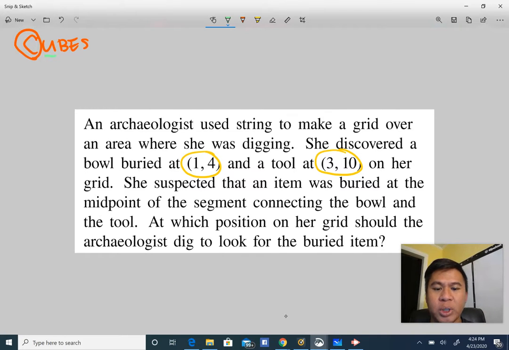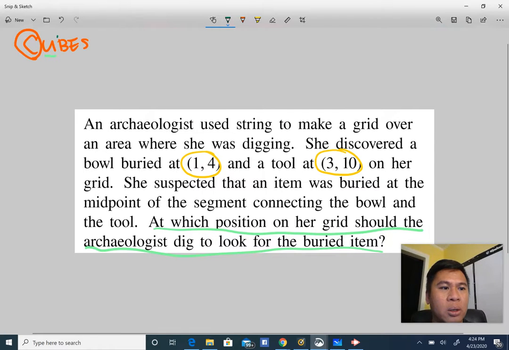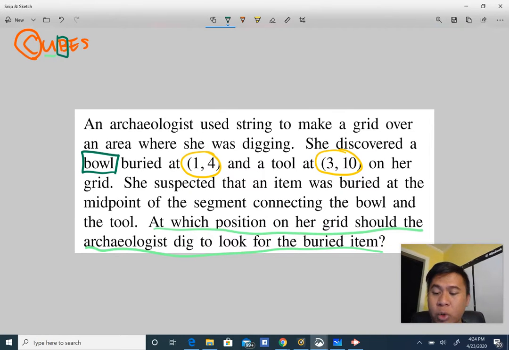It says, at which position in her grid should the archaeologist dig to look for the buried item? Let us box the keywords and phrases. The ordered pair (1, 4) is for the bowl. The ordered pair (3, 10) is for the tool. And we're looking for, once again, the suspected buried item.